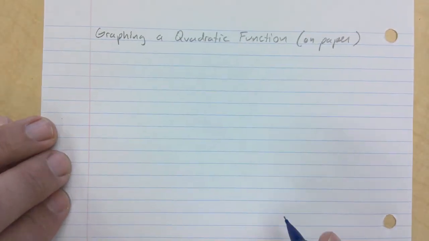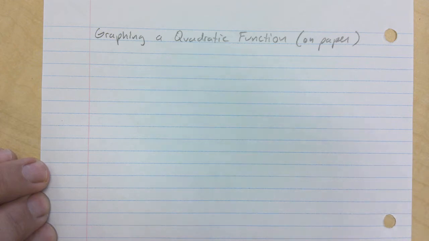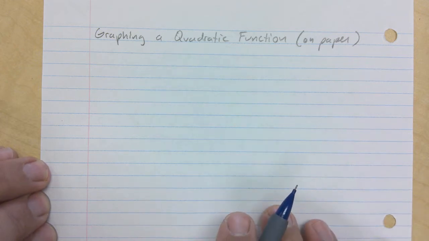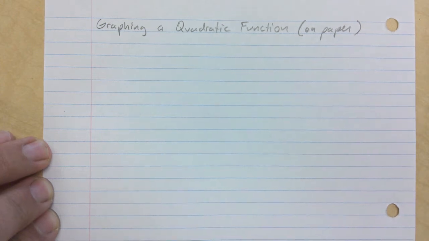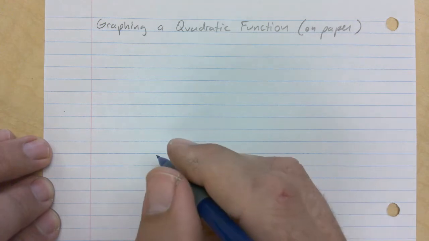Before we do that, we're always going to have to determine a whole bunch of characteristics. We can draw them out of the graph, or we can actually come up with them using our calculator, right?